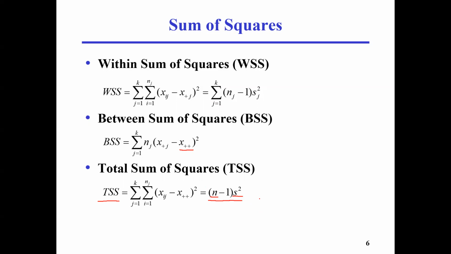So we have BSS, WSS, TSS, and if you don't want to use this formula to calculate TSS, and you have BSS and WSS, you can simply add them up to have TSS. Because that's the purpose. We separate TSS, and we use BSS and WSS to address TSS. You add them up, you have TSS, right?